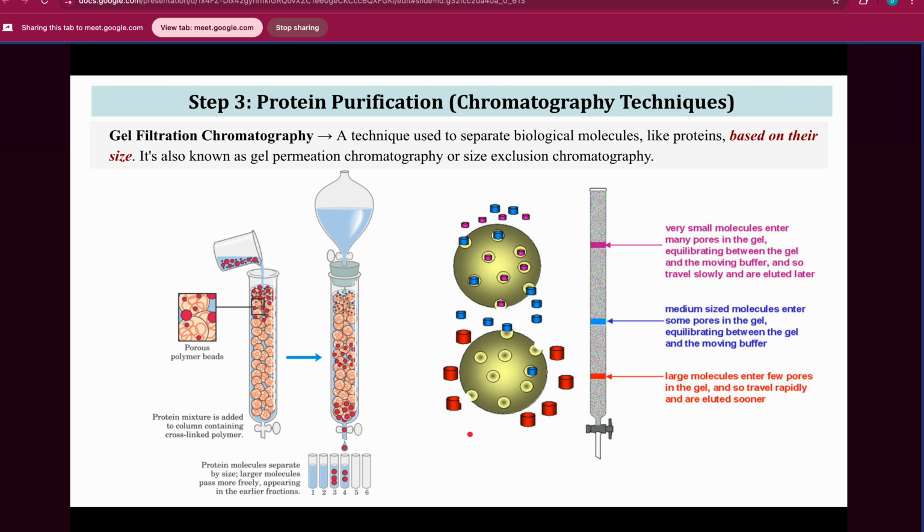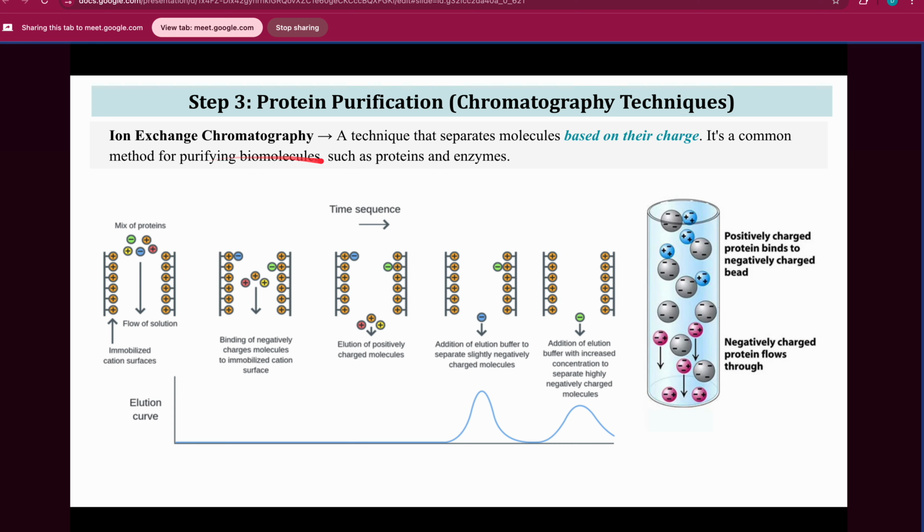The next chromatography technique is ion exchange chromatography. If you want to separate molecules based on their charge, for example, you have a protein mixture and want to separate these proteins on the basis of charge, you will go for ion exchange chromatography, a commonly used method.